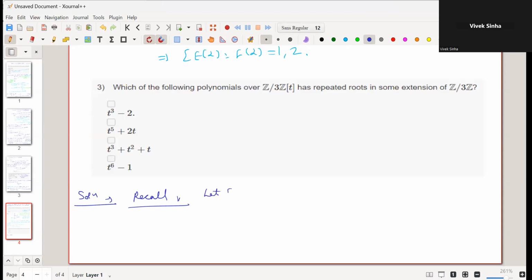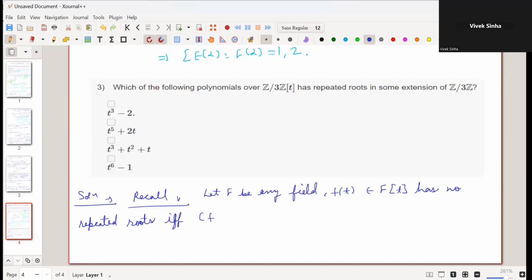Recall, let F be any field and f(t) belonging to F[t] has no repeated roots if and only if the GCD of f(t) and the derivative of f(t) is one.